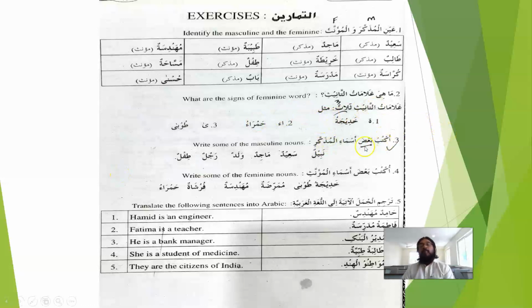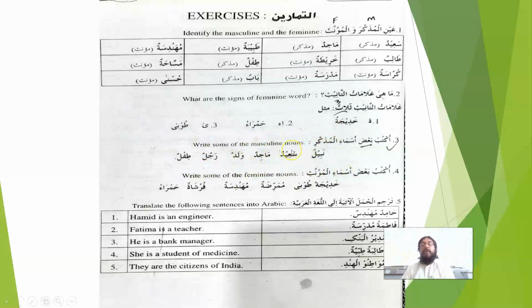Then after, uktub ba'za asma'il mudhakkar. Uktub, write, ba'za, few, some, asma, names, al-mudhakkar, masculine. So write some of the masculine nouns. These questions also can become in the final examinations.